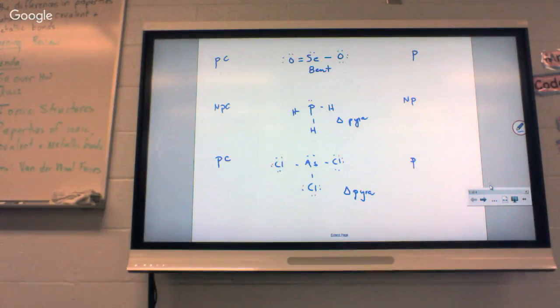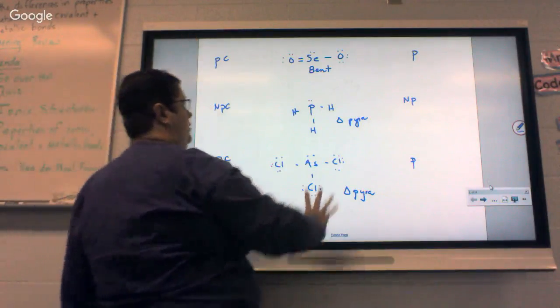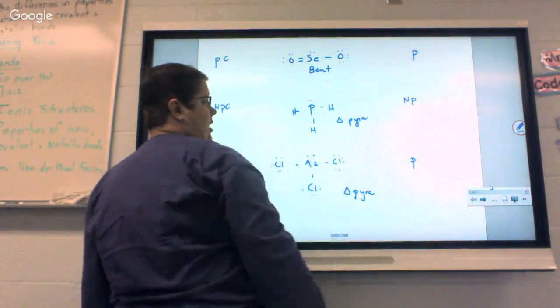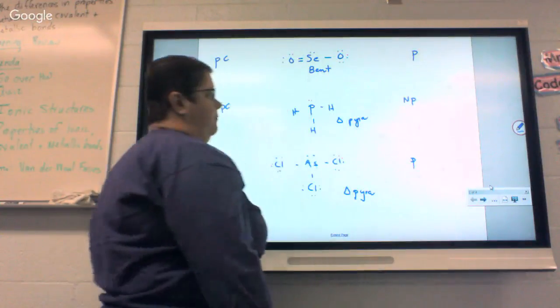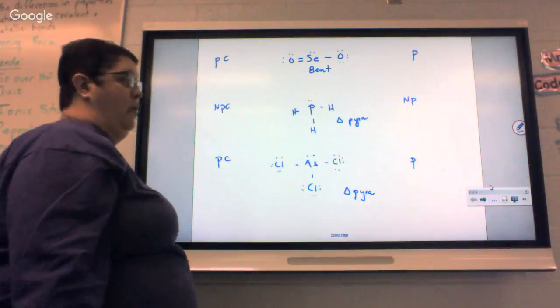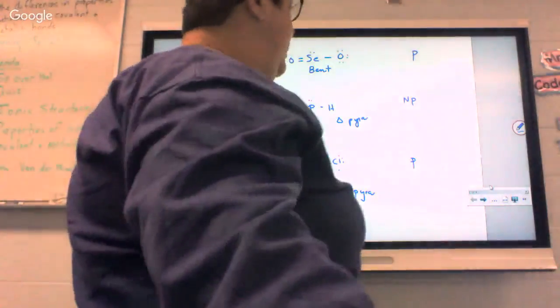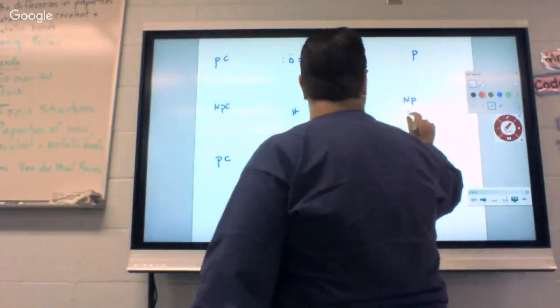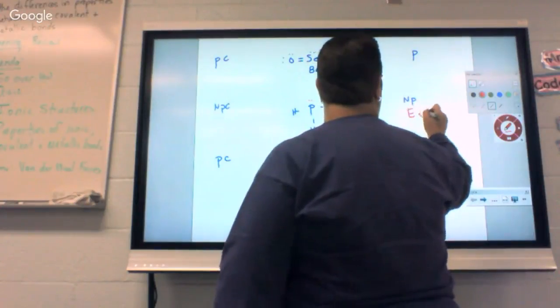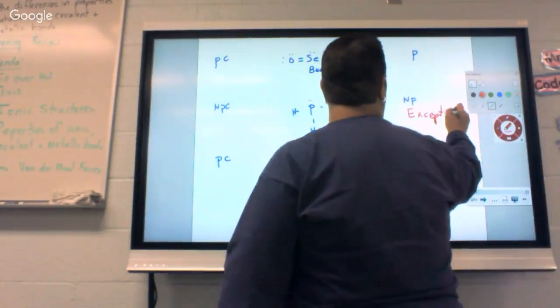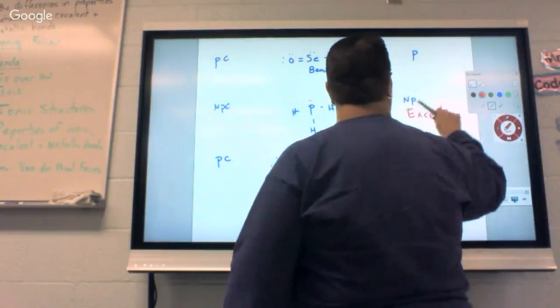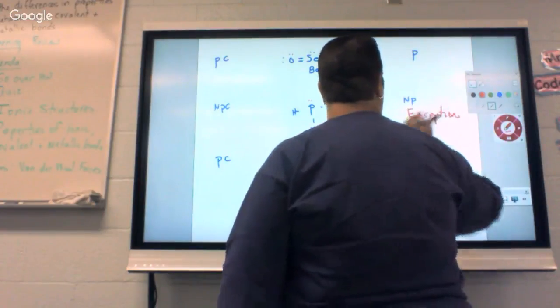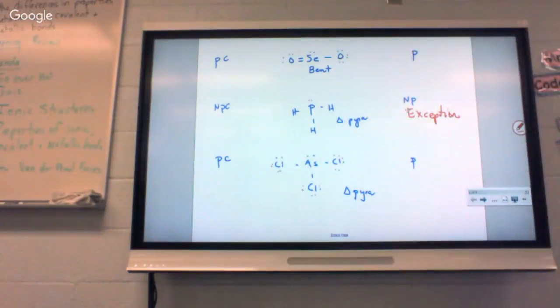All right. Now, clearly this is column 1. This is the molecule with the geometry, and this is the far column. Now, one of the exceptions is here. And there's another one on the back side. Okay. Now, check and I'll explain.